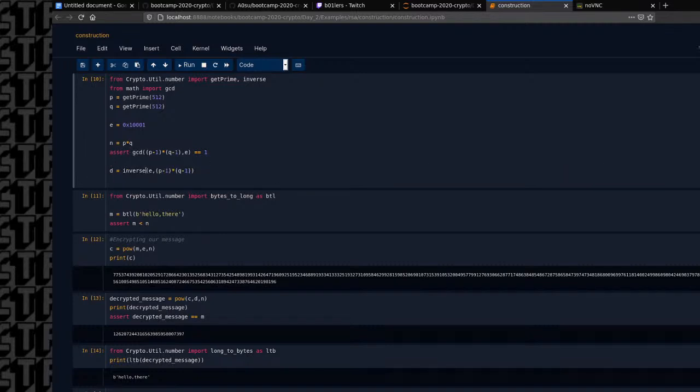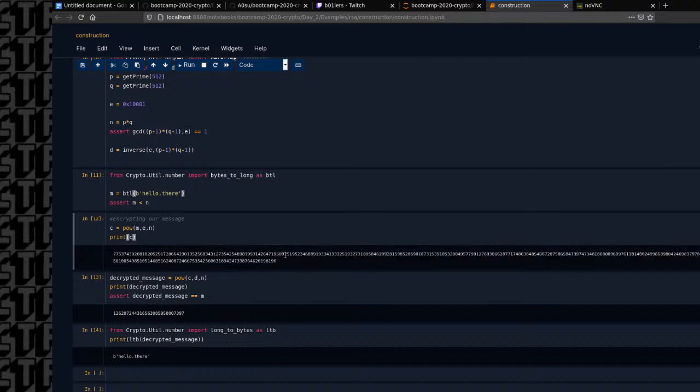So then I calculate the modular inverse of e under this value of the totient of n, giving us d. And then here I just created a small message, just asserted that it was less than n. And then I created this bytes to long using the PyCryptodome bytes_to_long function. And then, as before, we're just encrypting it, taking the message raised to e mod n. So then we'll get back this integer.